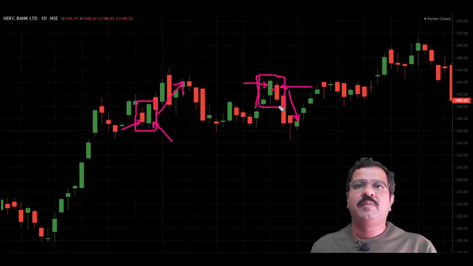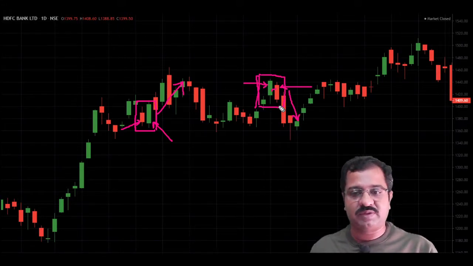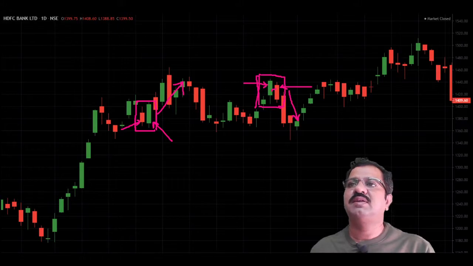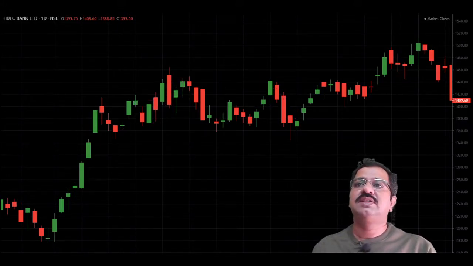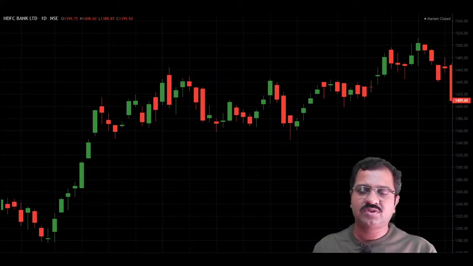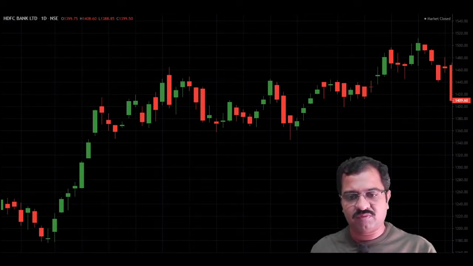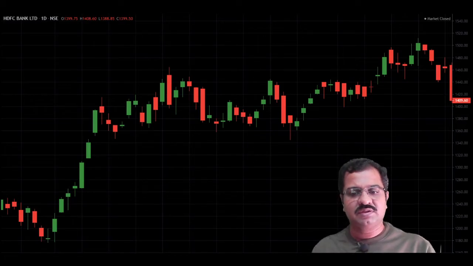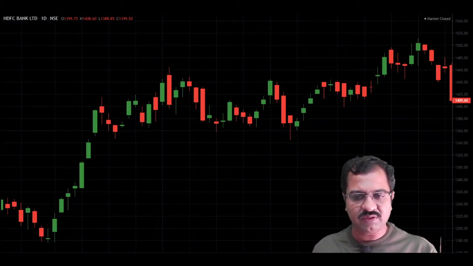Okay, next, these were two candlestick patterns. Now next pattern we will see is a single candlestick pattern, and it is called doji.